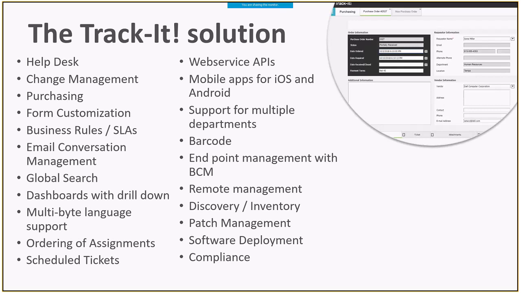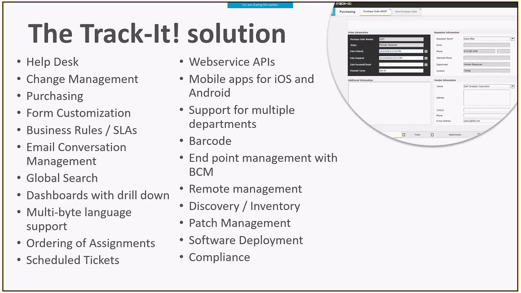Trackit does include a web service API. We do have mobile. We do have support for multiple departments in the form of groups. You could theoretically do that in a previous build of Trackit, but you had to employ what I like to describe as a highly technical term, shenanigans. You had to employ shenanigans to get there. Less shenanigans, more streamlined and obvious, better segregation between different groups in Trackit.